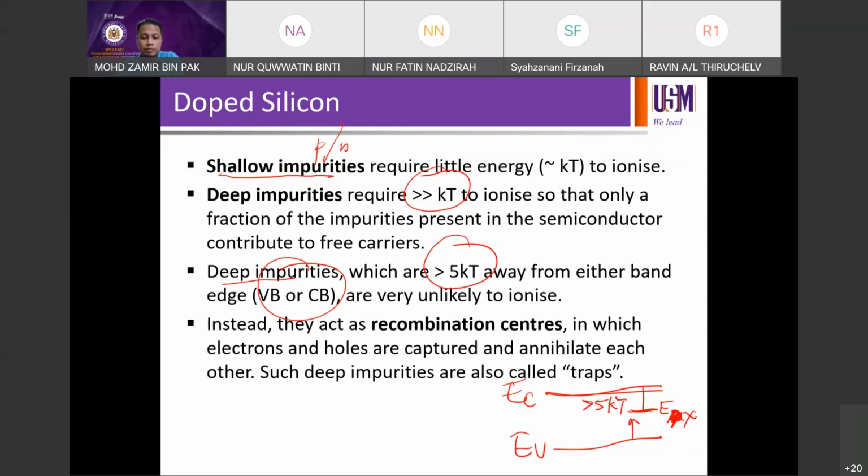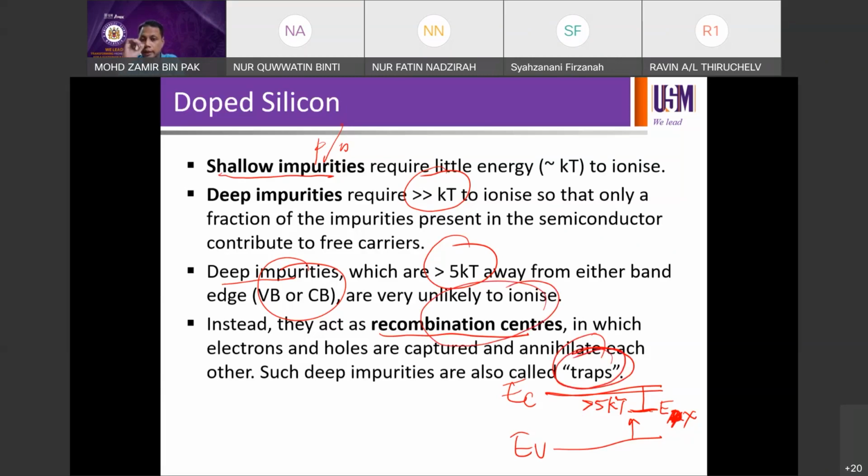Instead, they act as recombination centers in which electrons and holes are captured and annihilate each other. Such deep impurities are called traps. Okay, when you have such impurity states in the band gap more than 5 kT away from either band, they will likely end up as recombination centers, so we call them traps.